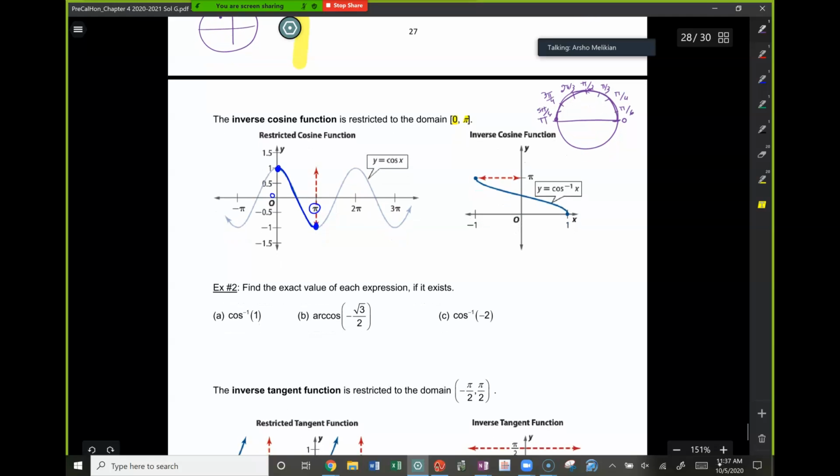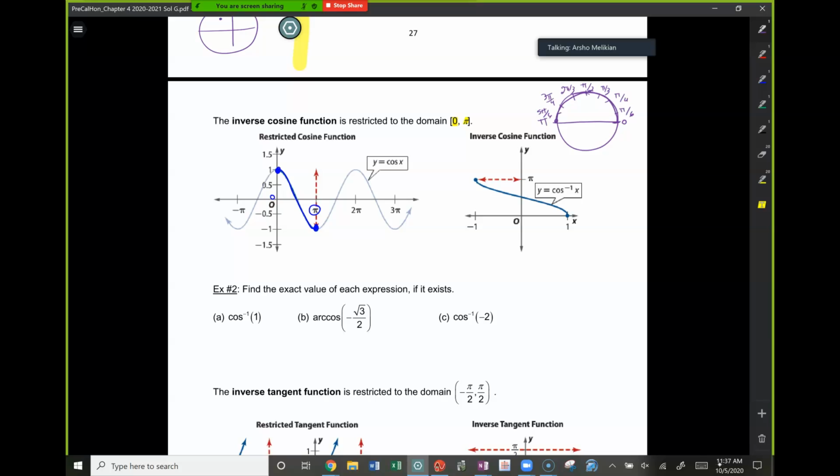So let's take a look here. Cosine of what is 1? For what angle is cosine 1? What do you guys think? It's one of those 9. 0? 0.